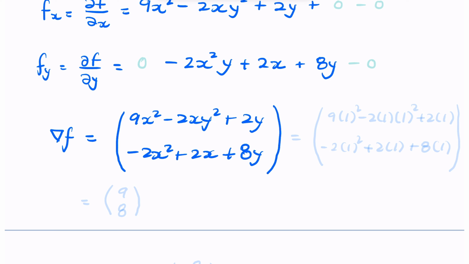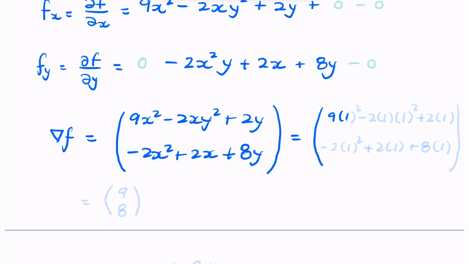The next step is we substitute the values of x and y into x and y in our vector. So now we can substitute x equals 1 and y equals 1.